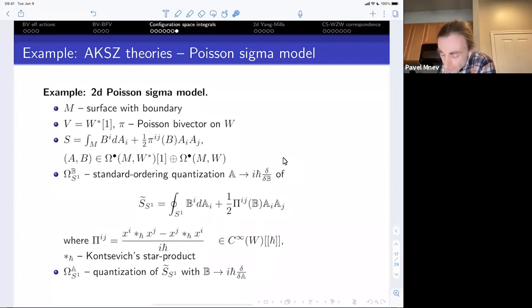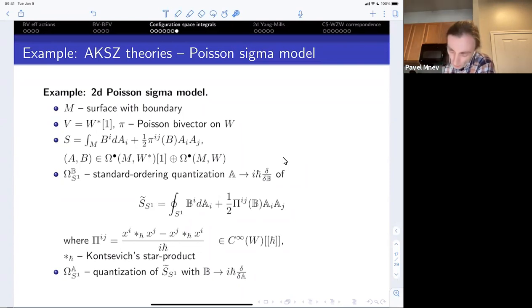So the action is like this. It's again a perturbed BF action: the free term plus a potential term given by the Poisson bivector. And here the partition function is given by this general formula with graphs on a surface.